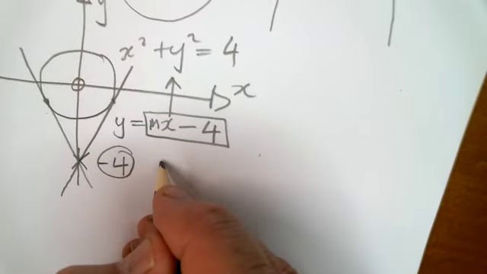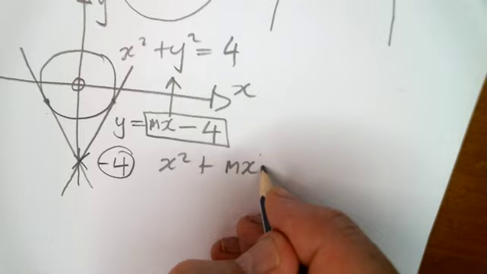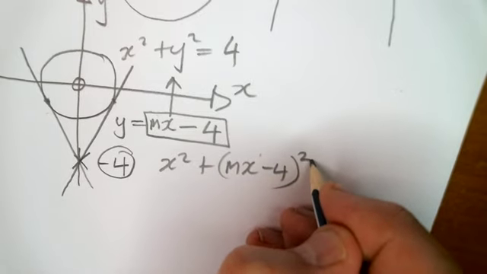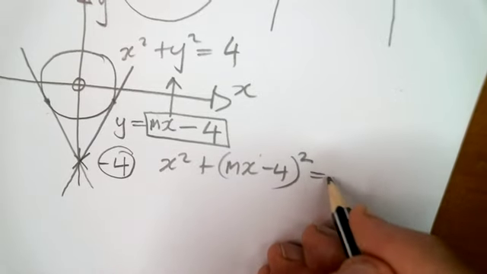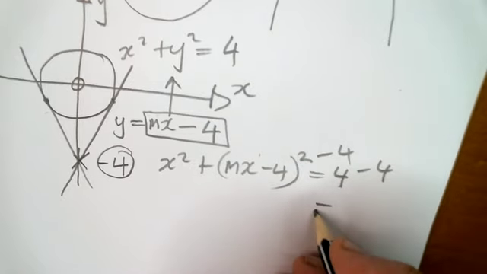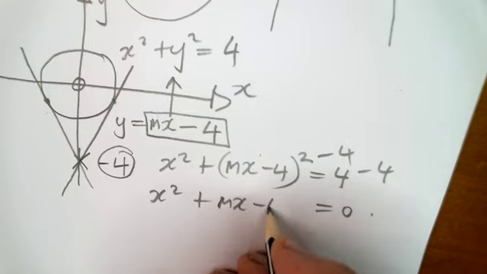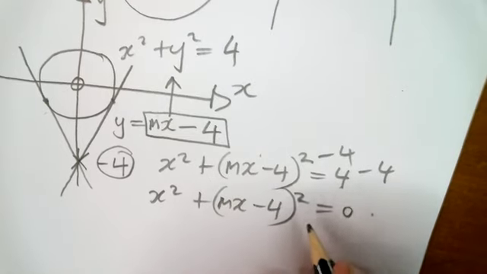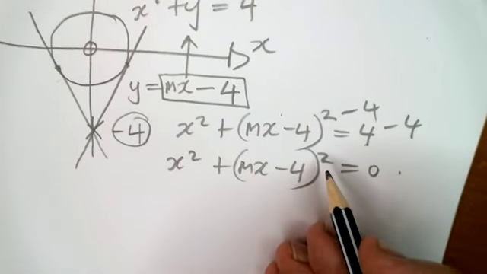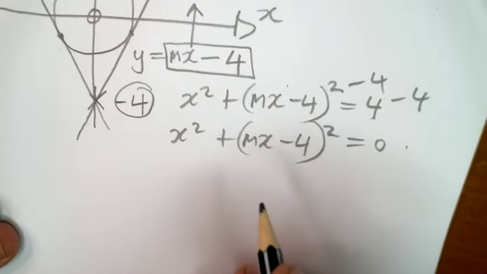So now we would say x squared plus y squared. Well, y is mx minus 4 all squared and is equal to 4. I would subtract 4 from both sides, make the whole thing equal to 0. So I've now got x squared plus (mx minus 4) all squared. I would expand this out. I would locate the coefficients. I'll quickly do it for you. So let's go ahead.